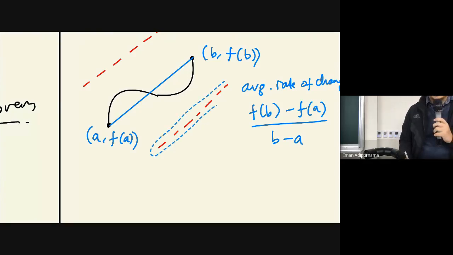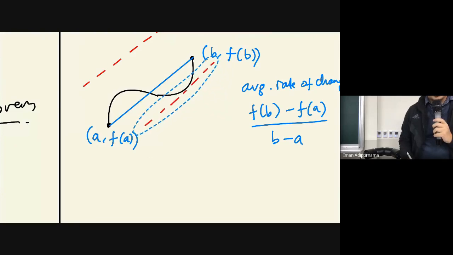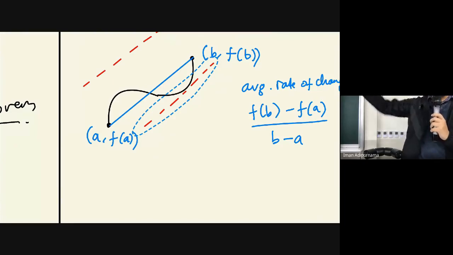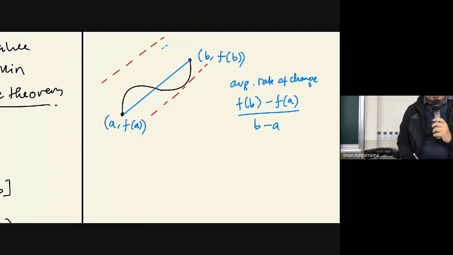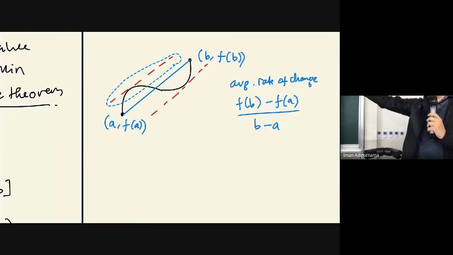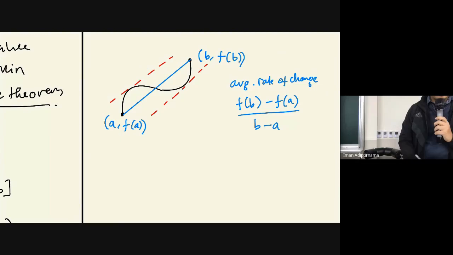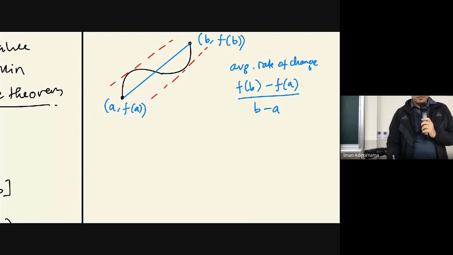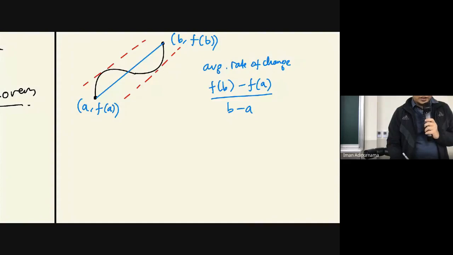Let's move this parallel line and make it at least touch one point of the curve, and also move the upper one so it at least touches one point on the curve. When you do this, then this is what C really means.